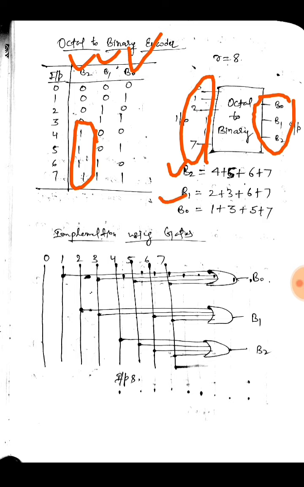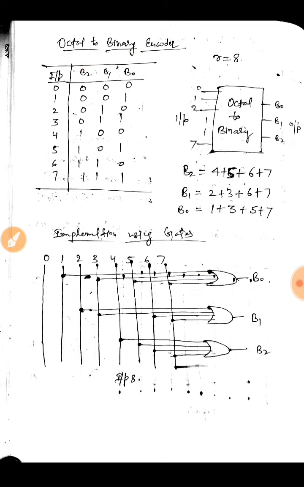For B1 it would be 2 plus 3 plus 6 plus 7, and for B0 it would be 1 plus 3 plus 5 plus 7. So similarly you can draw this octal to binary encoder using 3 OR gates. So this is how I can implement the octal to binary encoder using these gates.